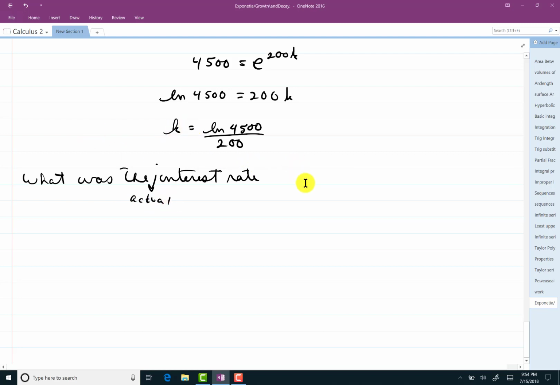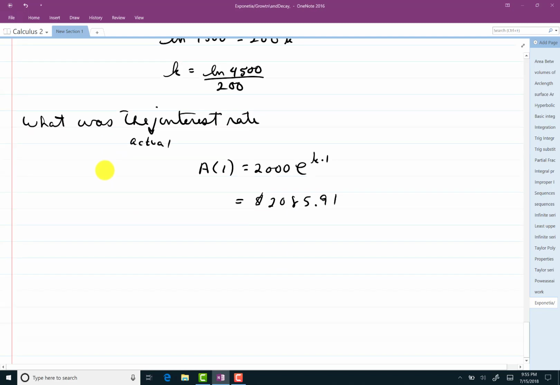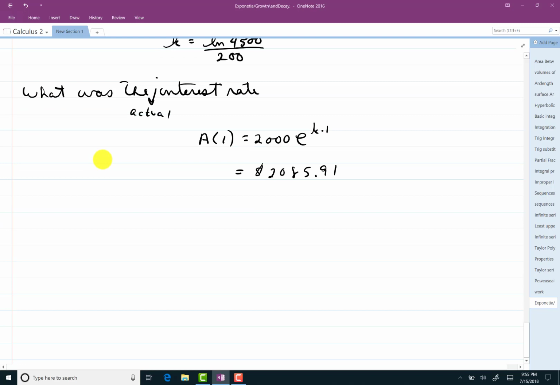So the easiest way to do that is to figure out what A of 1 was. A of 1, we still had the 2,000 e to the k times 1. So after 1 year, this number to 2 decimal places was 2085.91.